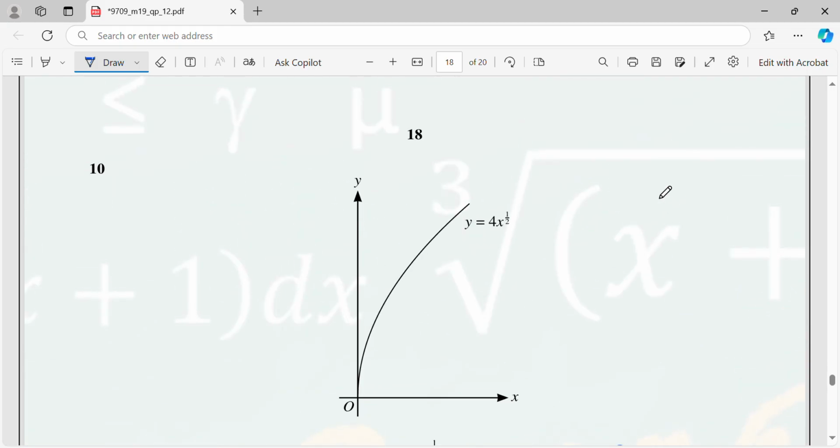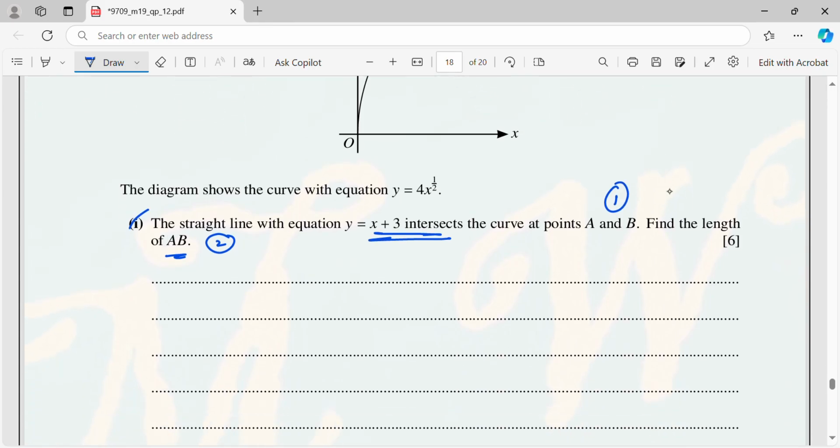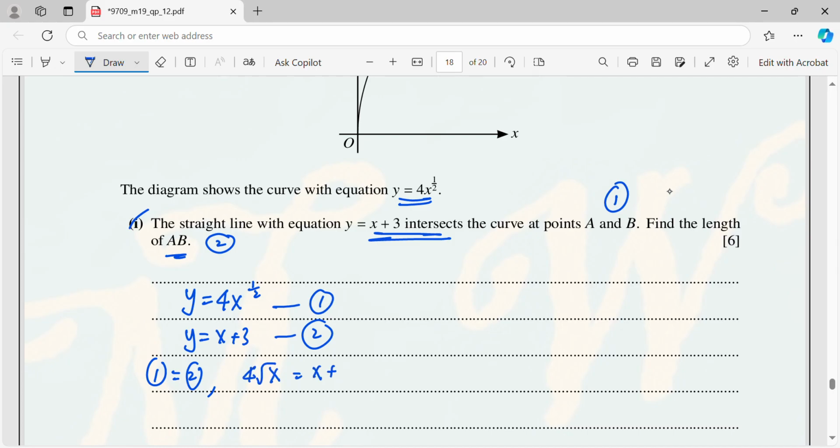So basically, we need to solve the simultaneous equations. y equals 4x to the power half as the first equation, y equals x plus 3 as the second equation. When I equate them, intersection points means simultaneous equations, so I get 4 square root x equals x plus 3.